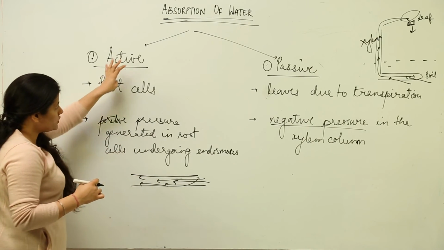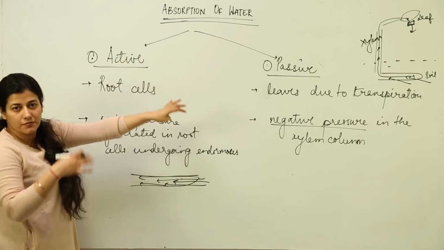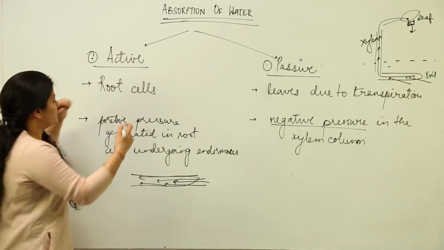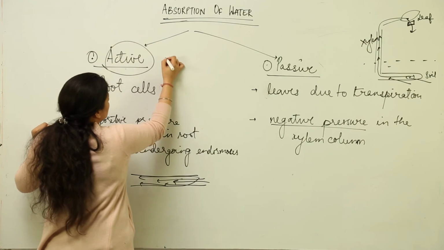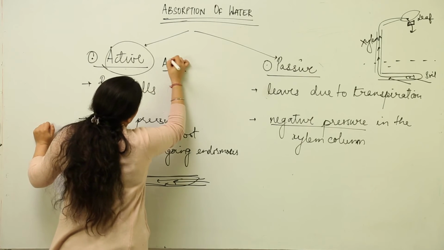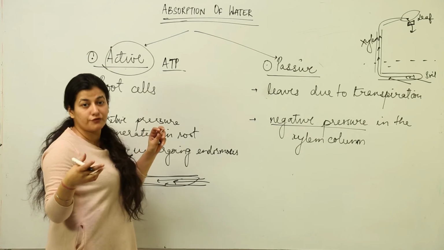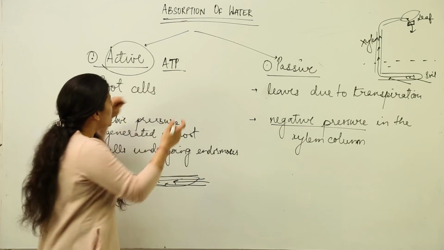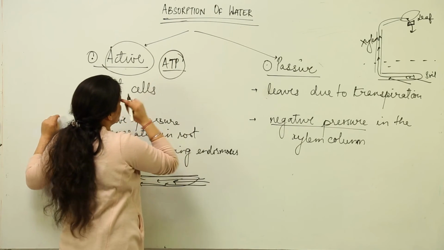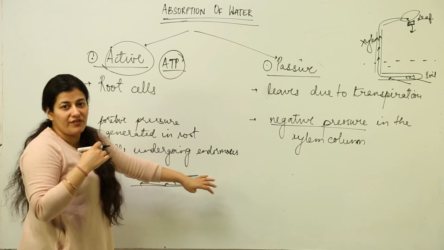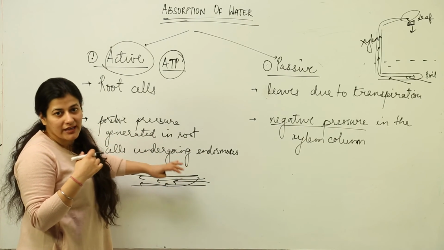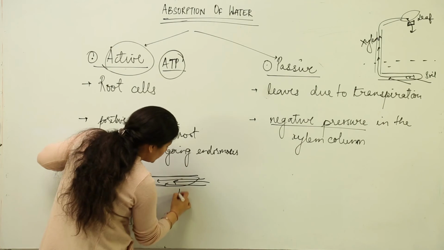Now coming to the names, this is what is to be understood, where it takes place and how it takes place. This involves utility of ATP. The energy generated by the process of respiration within the living cells is used at the expense of ATPs. The water is moving inside the cells which are osmotically active inside the root itself.